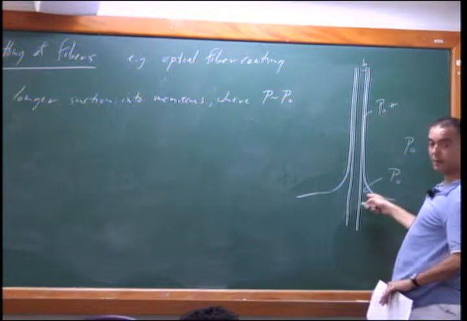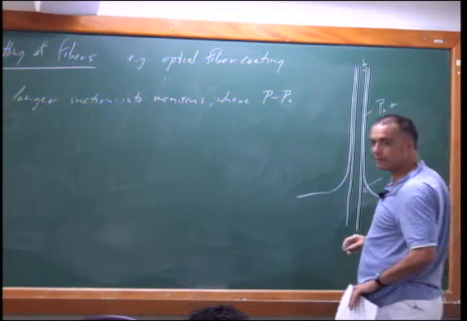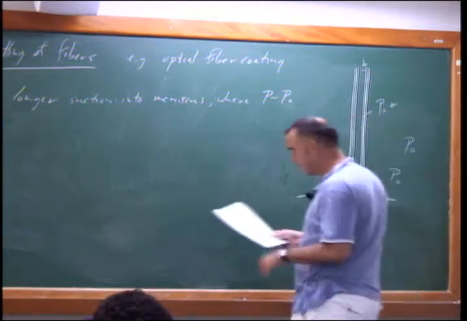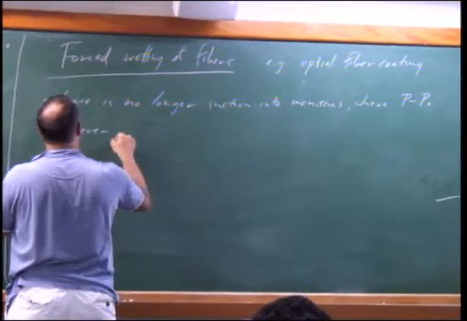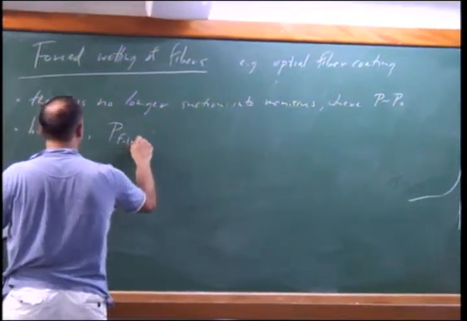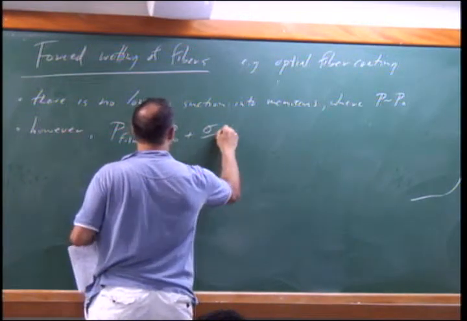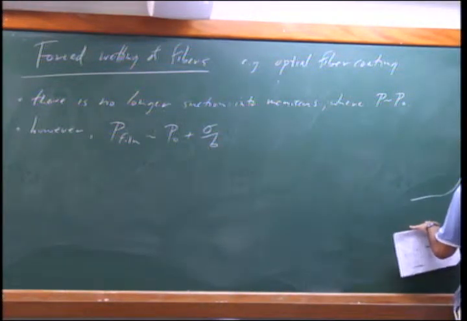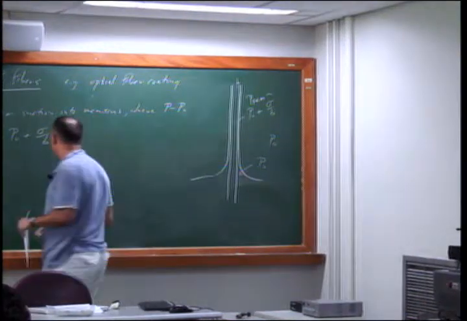So there is a pressure difference between here and here, and it's that pressure which resists the entrainment. So, pressure within the film. All right, so this is because of this curvature. It's augmented relative to atmospheric.